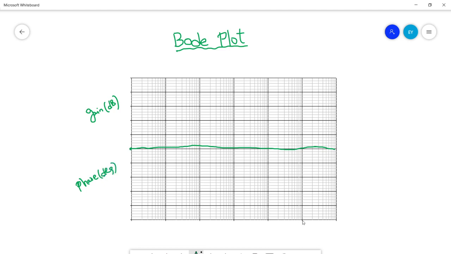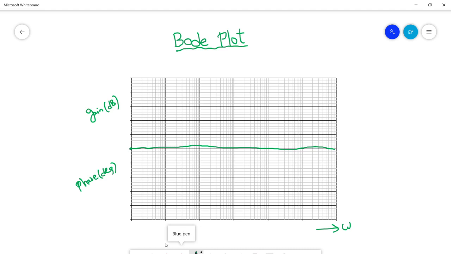The x-axis will be frequency, so log of omega. The horizontal axis here is omega, the frequency. How can we represent the frequencies?